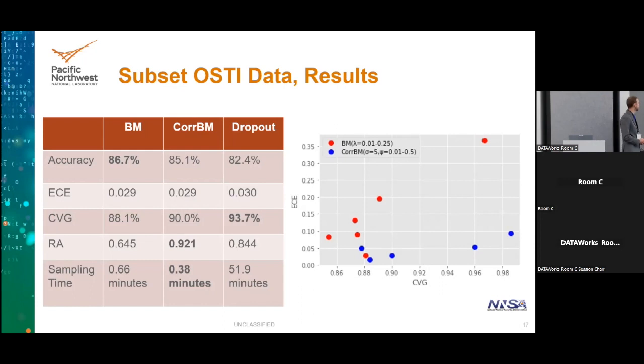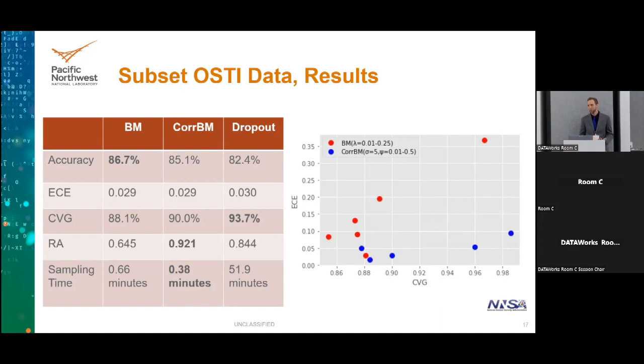So what we notice here is that for coverage, assuming a typical alpha rate of 0.05, the dropout actually did the best, but correlated belief matching was second. In terms of ranking accuracy, so the interpretability of it, this is where the model really shined, with significantly higher ranking accuracy than the other models.